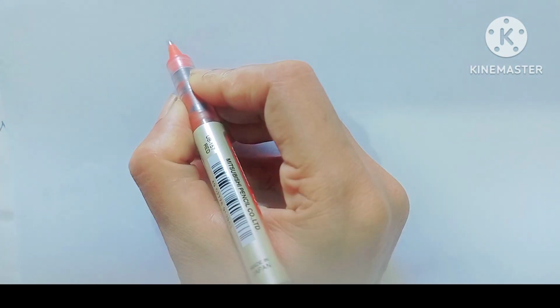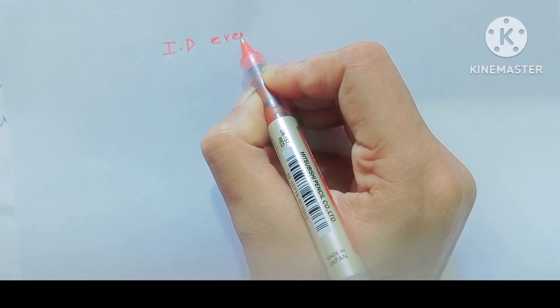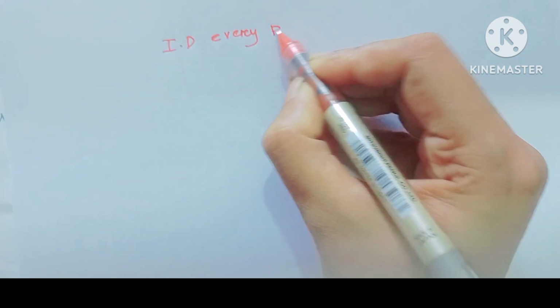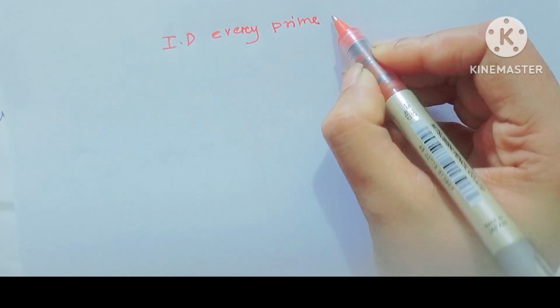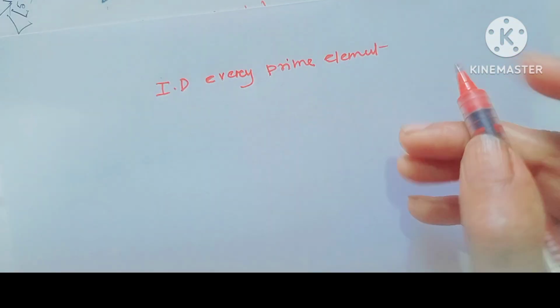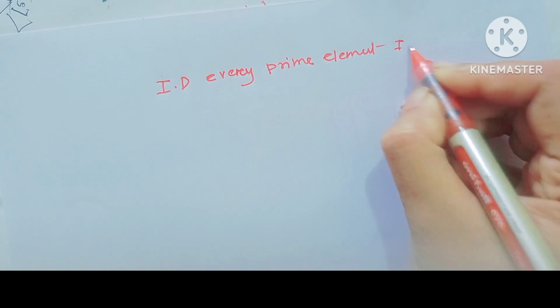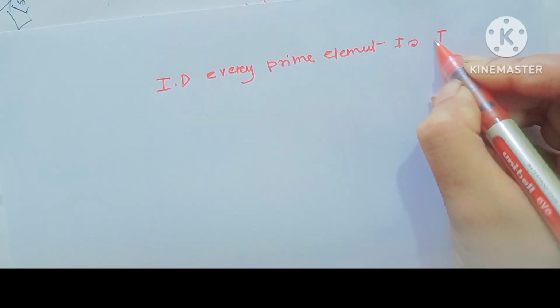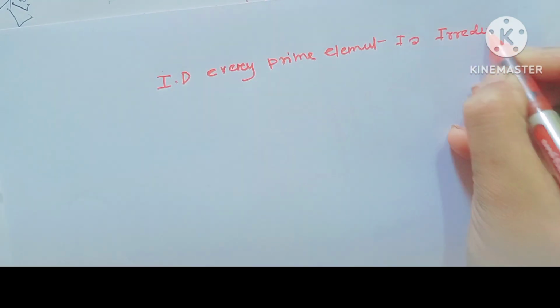Only when the ring is a UFD, a unique factorization domain, do the prime element and irreducible element coincide. Actually, in an integral domain, every prime element is irreducible. Why?